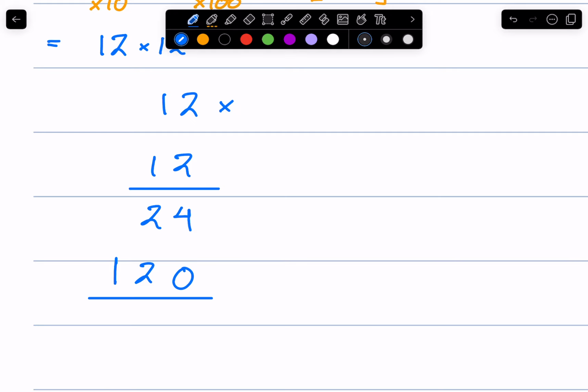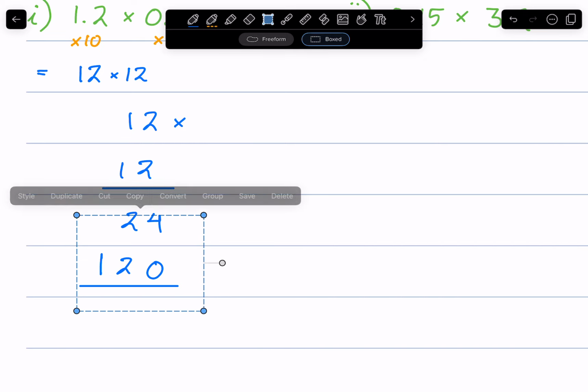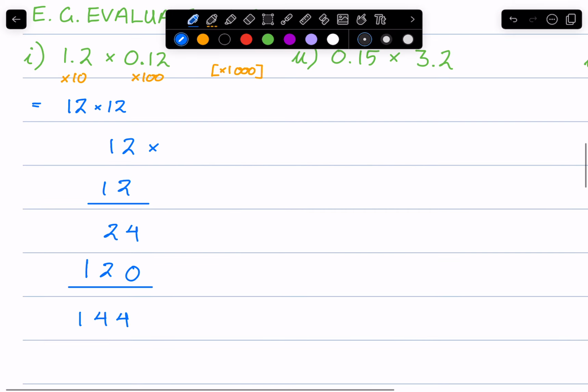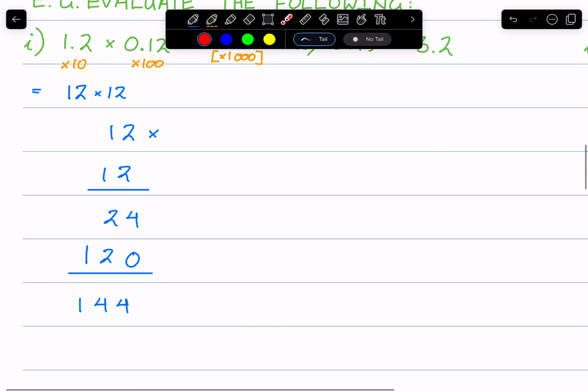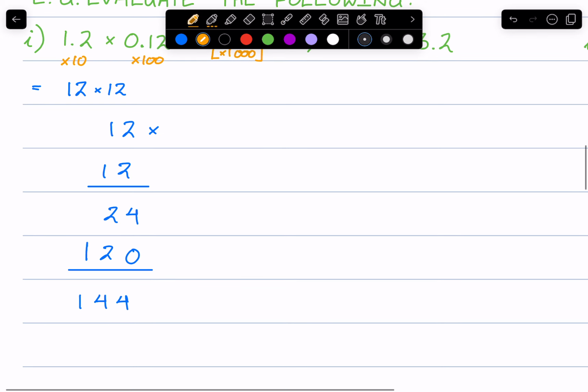We can now add these 2 numbers here. That's going to be 24 plus 120. That's equal to 144. However, because we've multiplied by that 1,000 in the beginning, we now need to reverse this by dividing by 1,000.